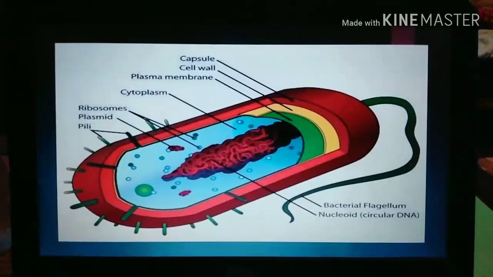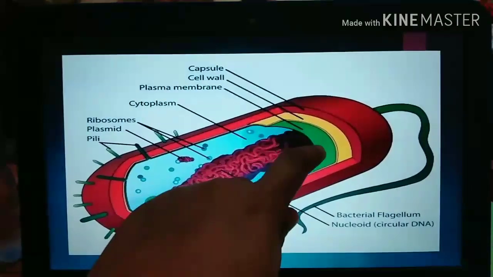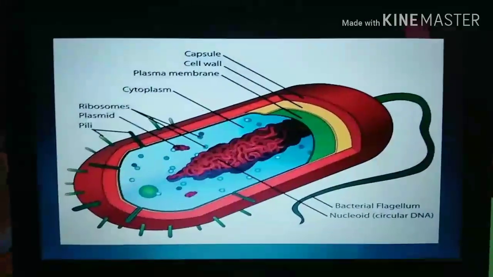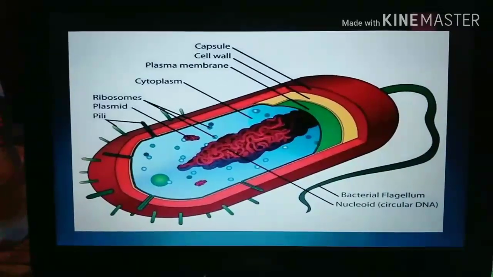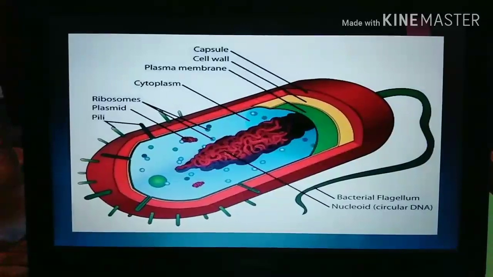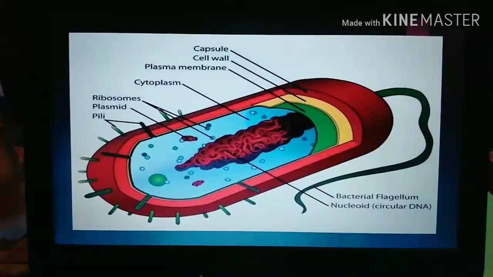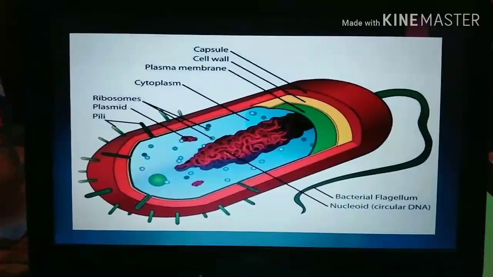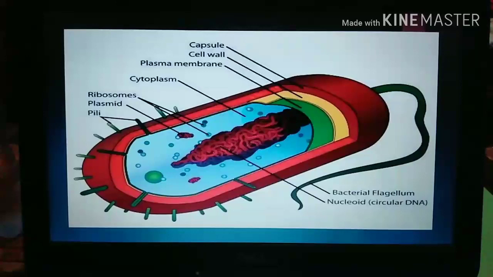The cell membrane is located here. Both prokaryotic and eukaryotic cells have a plasma membrane. This membrane is similar in structure and function to the eukaryotic cell membrane.